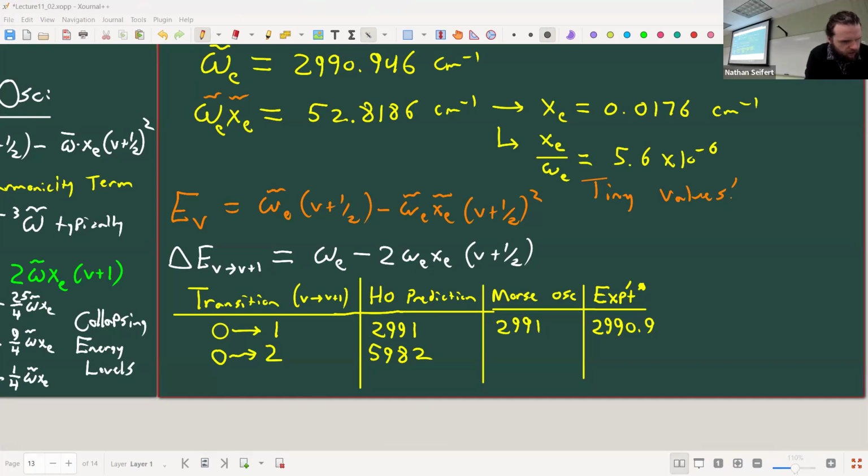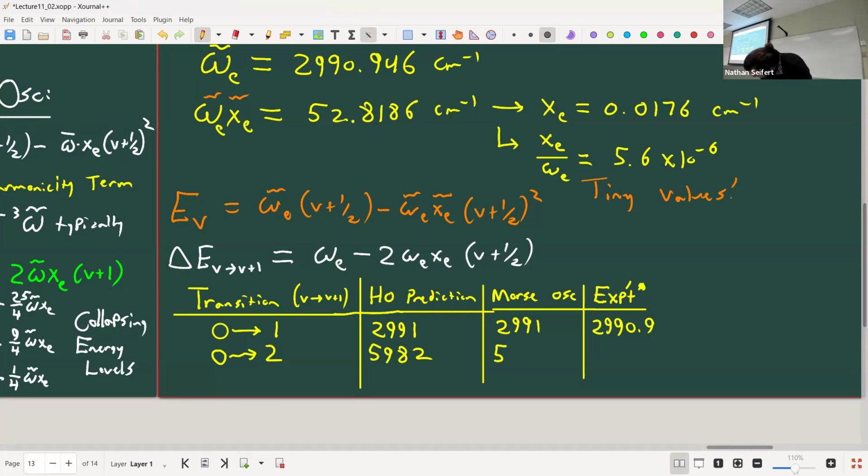And for the Morse oscillator, we would expect, sorry, I'm just doing this. This is 5/2. So we would actually expect this to be at, is that right?